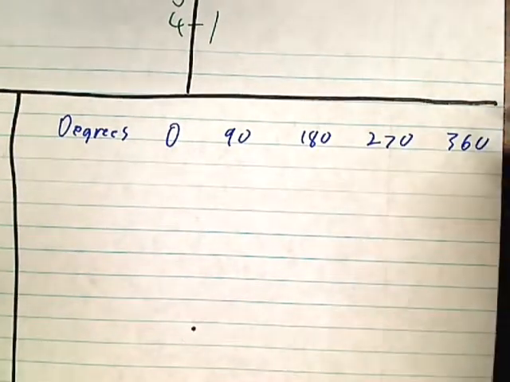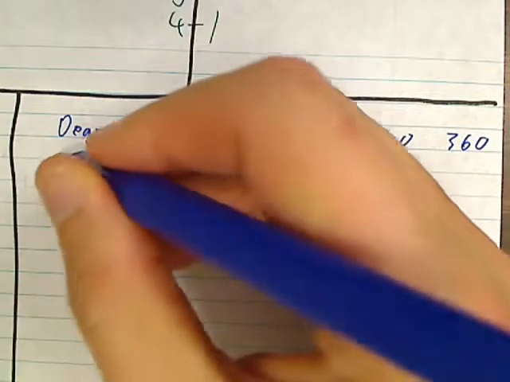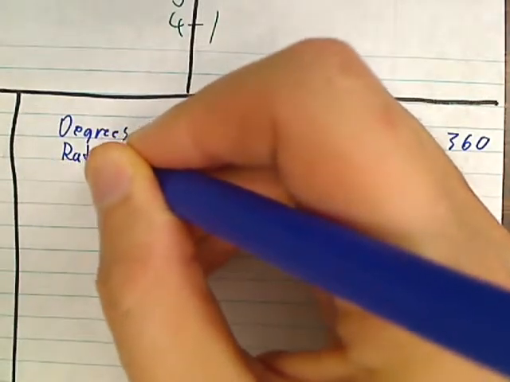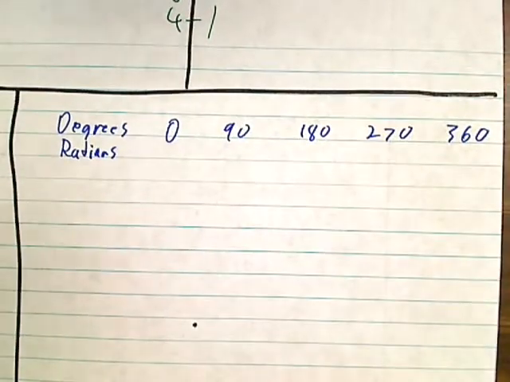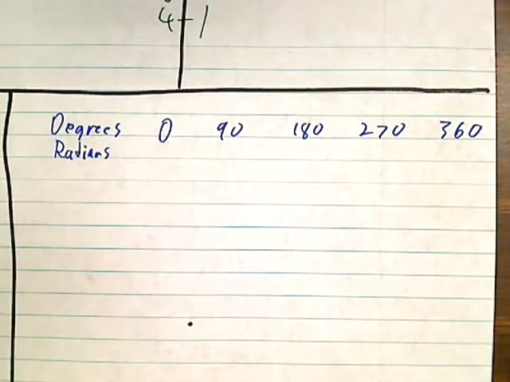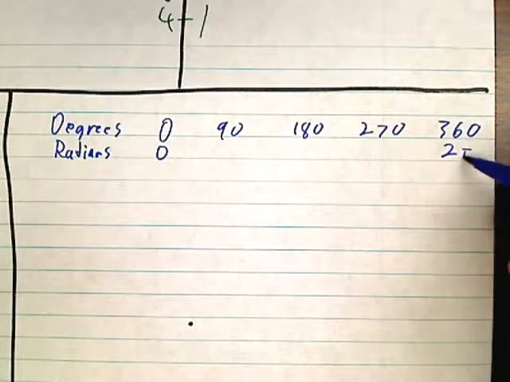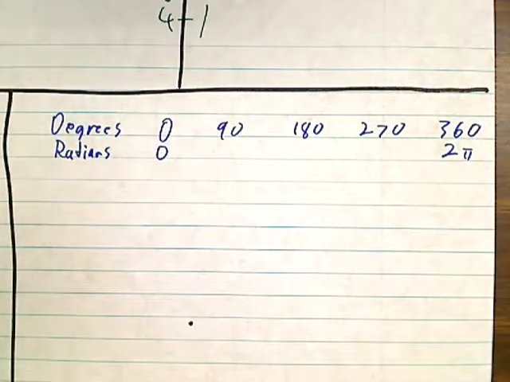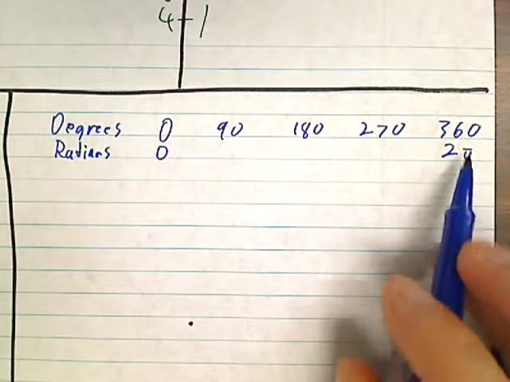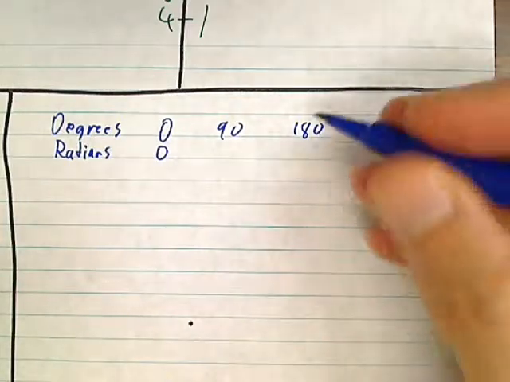Now we could also have radians, which is the new thing we're going to use. In your TI-83, if you go to mode, you can switch it to radian mode, and it does this instead. 0 is 0, and the whole way around is 2 pi. Half of 360 is 180, and half of 2 pi is just pi.